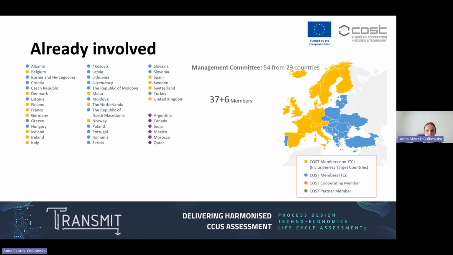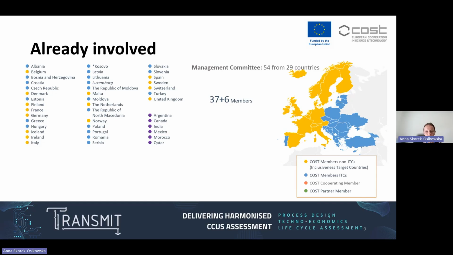We already have a lot of partners. This is the last year of TrANsMIT, so it is also easier to have a lot of participants. We have 54 members of the management committee from 29 countries. That might be only 2 from each country in the management committee, having the right to set directions or accept decisions of the whole action.